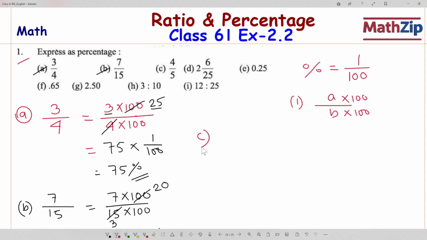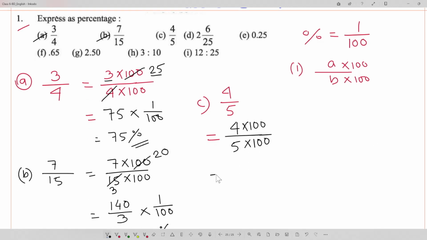Number C, here is 4 by 5. This one is a similar thing, we can write 4 times 100 divided by 5 times 100. Okay, so it's a similar thing, right? 100 divided by 100, it will be 4 by 5.